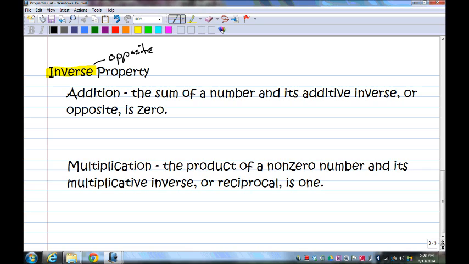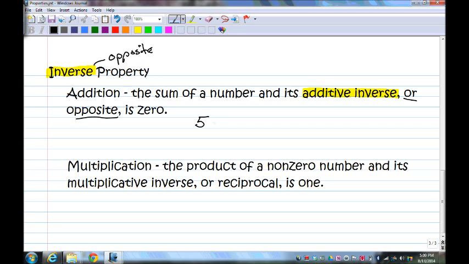Now, here for addition, I have the sum of a number and its additive inverse. That's something you're going to have to remember too. What is an additive inverse? In the next part, it says, or the opposite. That's what an additive inverse is, the opposite of the number, and the sum is always 0. For example, if I have 5, here's an integer, and I ask, what is its opposite?